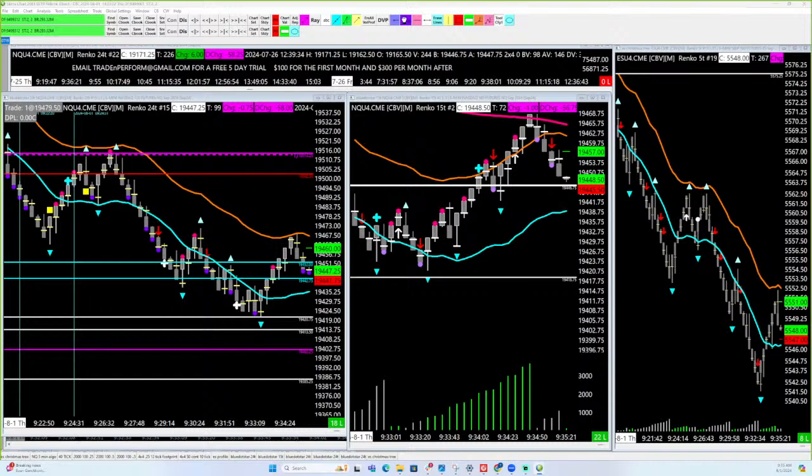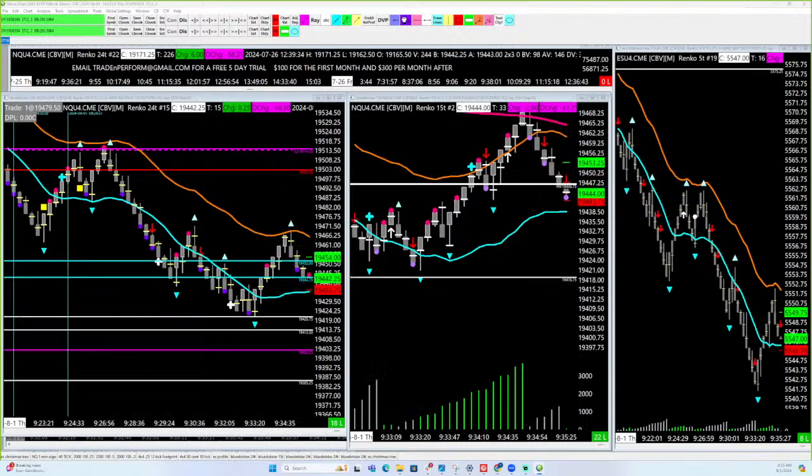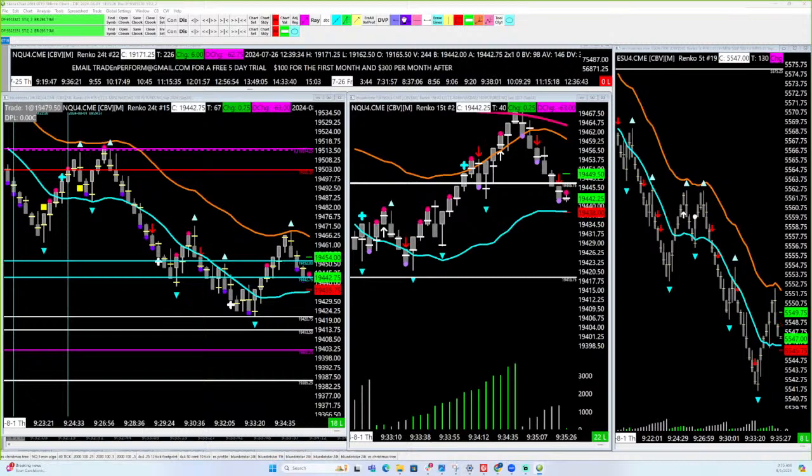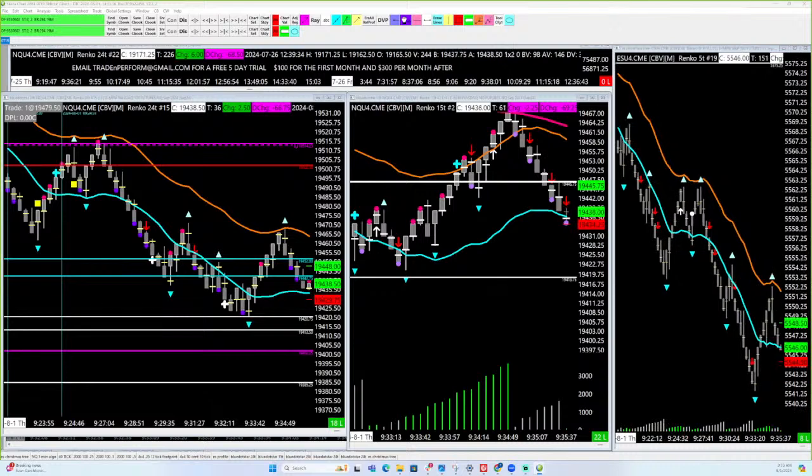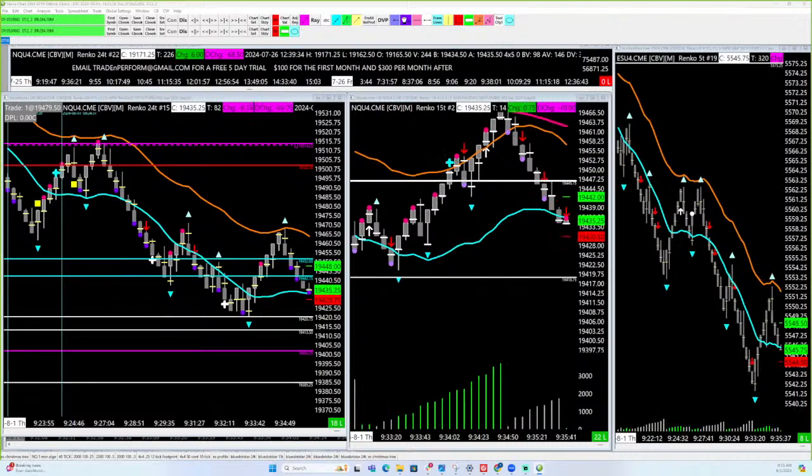I'm looking for that arrow up outside the channel, and the only extra evaluation I'm doing is: is this a good environment to contra trend or not? Yesterday, I was pretty hesitant to contra trend to the short side, pretty willing to go to the long side in the afternoon. By the way, this is great on ES if you can get it. I didn't see it, and it's hard to manage both simultaneously.